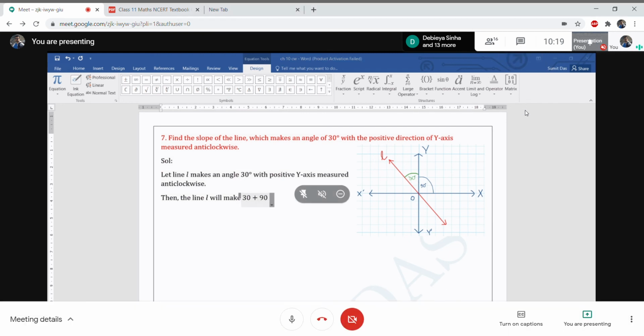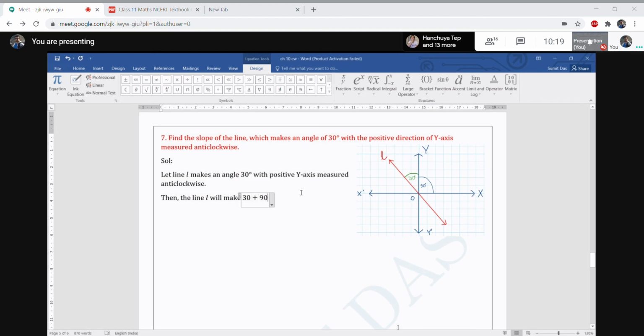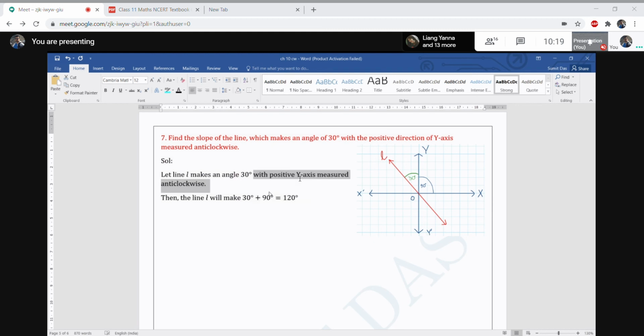So it is 30 plus 90 degrees, which is equal to 120 degrees with the positive x-axis anti-clockwise. Fine.